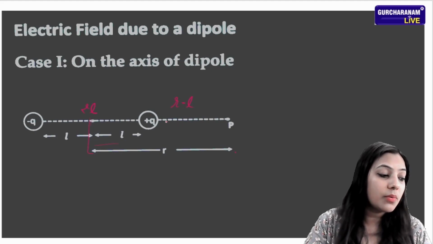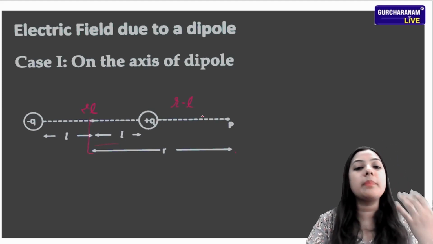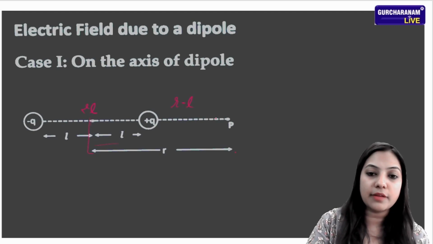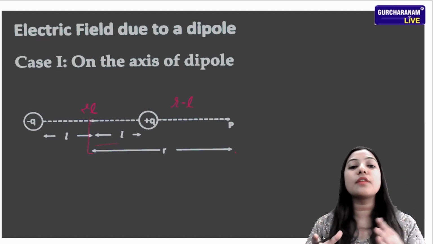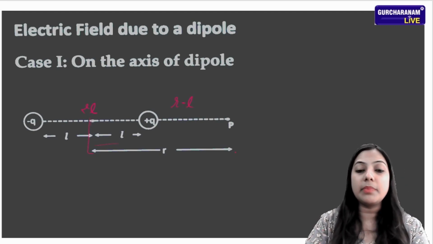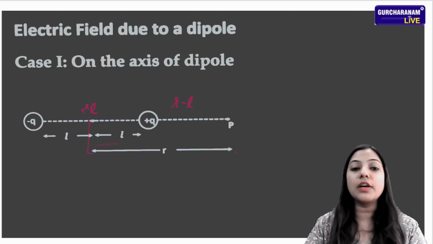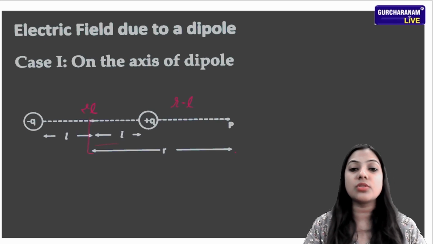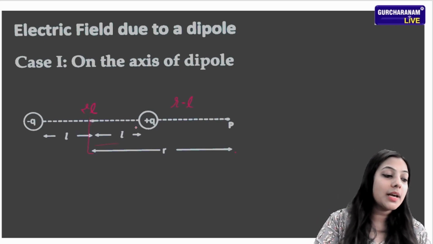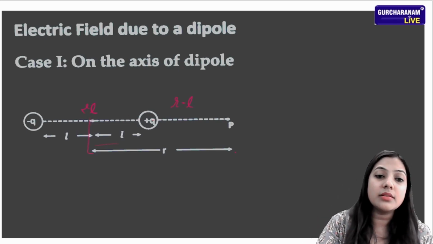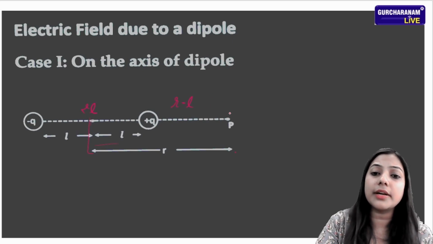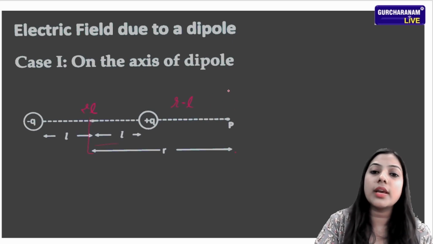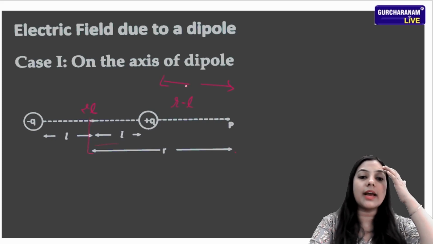Okay, so on point P we have to find the net electric field. How will we get the formula? On point P we have to find the net electric field due to both charges, due to plus q charge and due to minus q charge. So there are two electric fields on point P, one electric field on this side and one on this side.